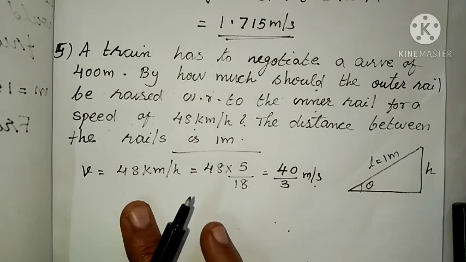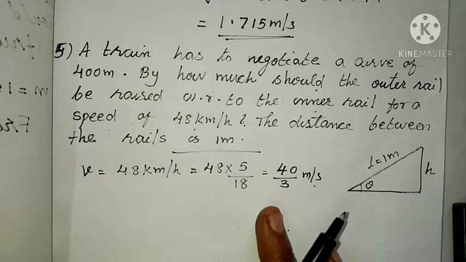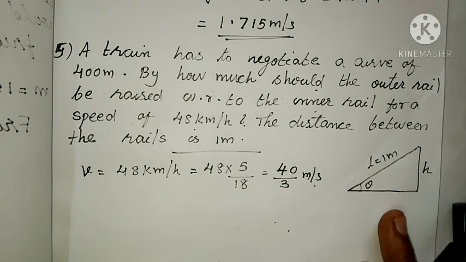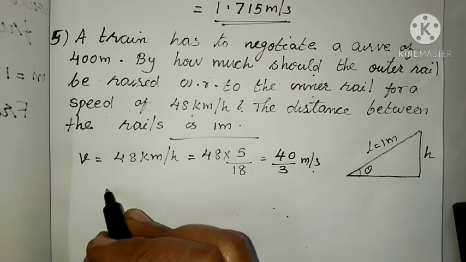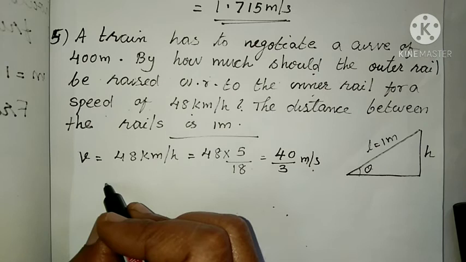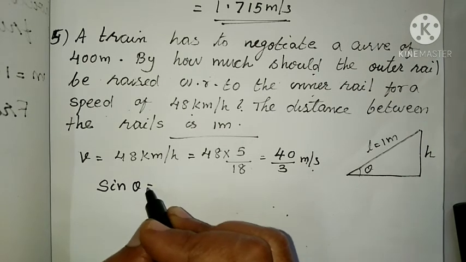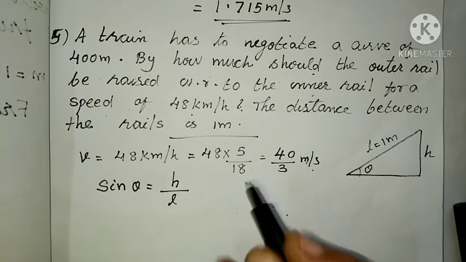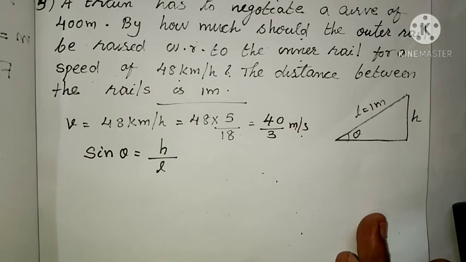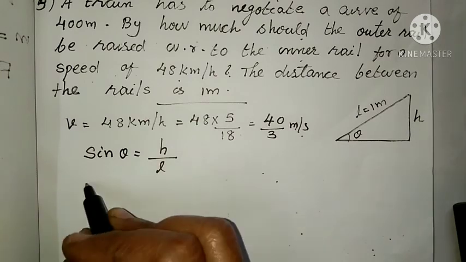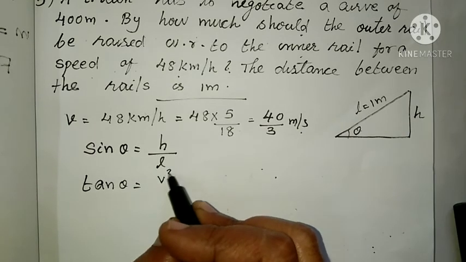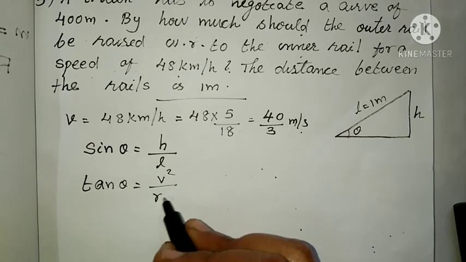Speed of the train is v equal to 48 km per hour, then change it into meter per second, that is 40 by 3 meter per second. From the figure we can write sine theta, where theta is the angle of banking, equal to h by L. You know that for the safe movement of the vehicle without wear and tear of the tires, we have the equation tan theta equal to v square by rg.